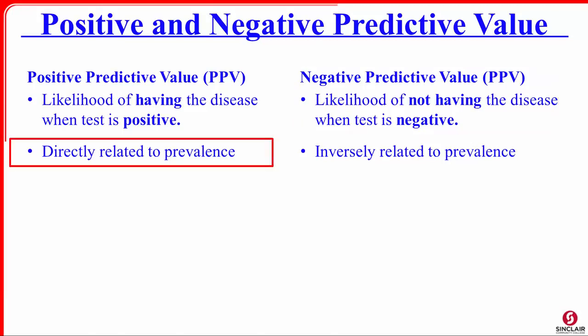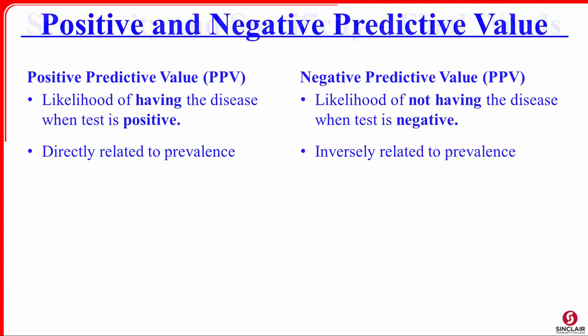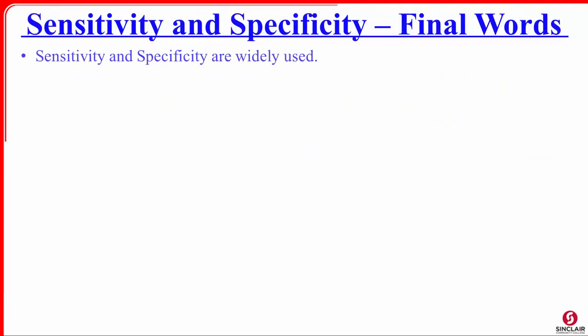Positive predictive value is directly related to prevalence. In other words, as the prevalence of the disease gets higher in the population, the positive predictive value gets higher. Negative predictive value then is negatively related to prevalence. So as the prevalence of the disease gets higher, the negative predictive value is lower. So some final words.